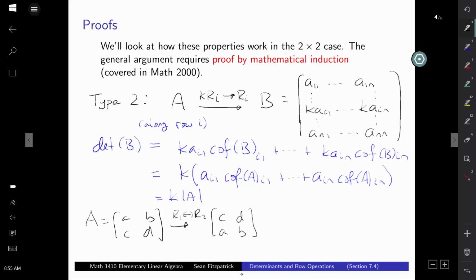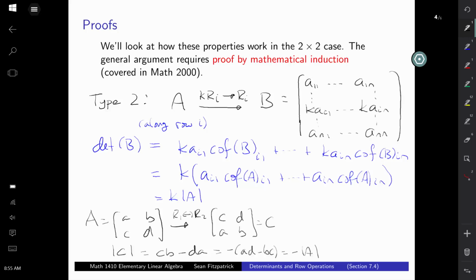Let's call that thing C. Then the determinant of C is going to be cb minus da, which is the negative of ad minus bc, which is minus the determinant of A. So we see that it works for 2 by 2, and once you know that, you can come up with an argument showing that it works in general, but it's a bit of a mess, so we're not going to do it.